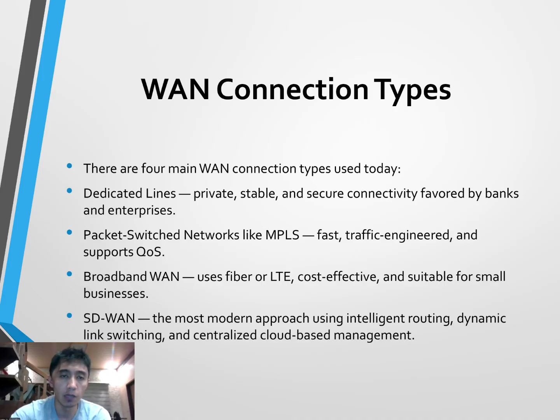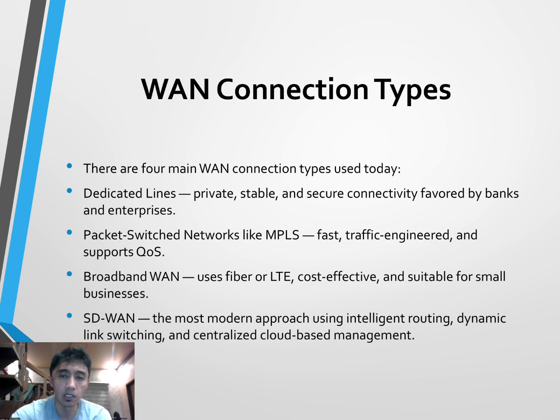So, WAN connection types. There are four main WAN connection types used today. First, dedicated lines. These provide private, stable, and secure connectivity. They are expensive but favored by banks and enterprises. Second is the packet-switched networks like MPLS.